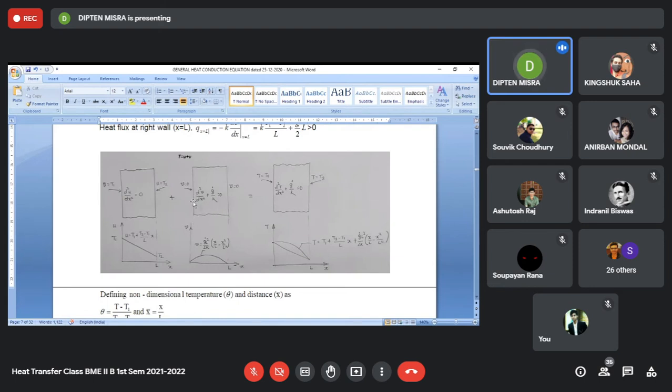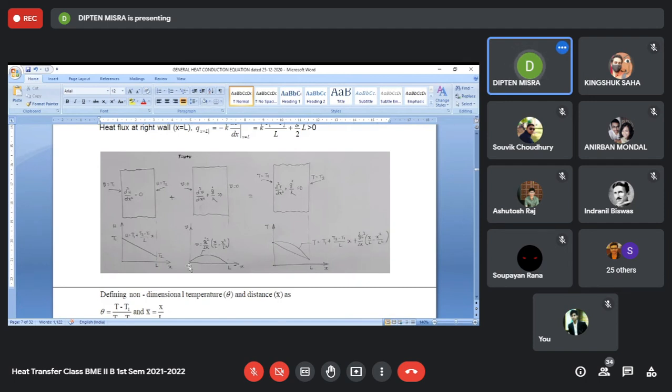Heat flux on the left hand side is negative, so the dTdx will be positive, because heat flux and dTdx will be opposite in sign. That is why you require to multiply with minus k. Heat flux equal to minus k into dTdx. That means if dTdx is negative, then heat flux will be positive. If dTdx is positive, then heat flux will be negative. So when heat flux is negative, that means your dTdx will be positive.